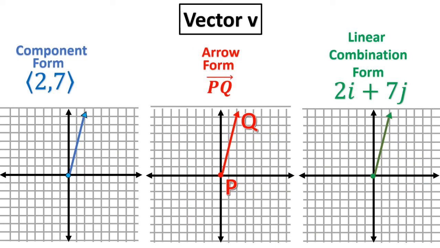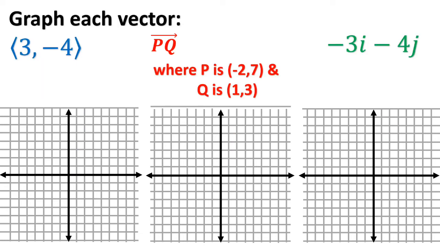There are 3 different ways to write a vector: component form, arrow form, and linear combination form. Let's graph each of these 3 vectors.